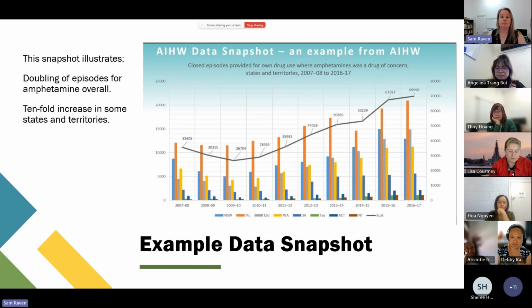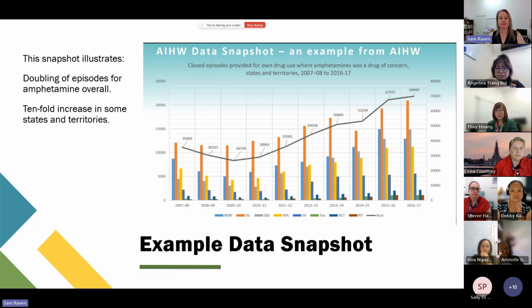Is it because there's a whole lot more people using methamphetamine, or has there been a change in the methamphetamine being used? Has there been a change in availability? What we know now is that a whole lot of people shifted towards using crystal methamphetamine, which increased harm around amphetamine use.